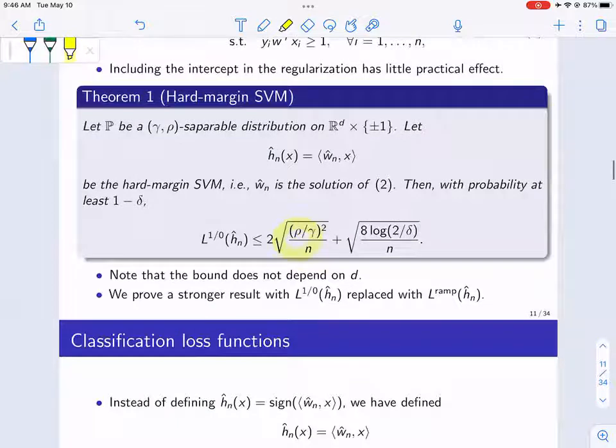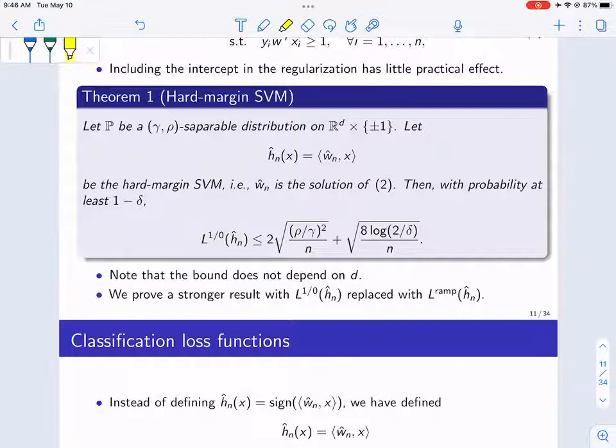This is the key point here: the bound doesn't depend on D. It used to be root D over n, and now it is root of rho over gamma. If these are fixed, then this is a constant, and this other part comes from the bounded difference inequality.